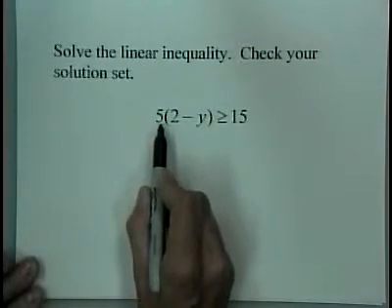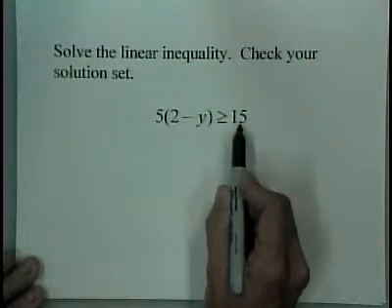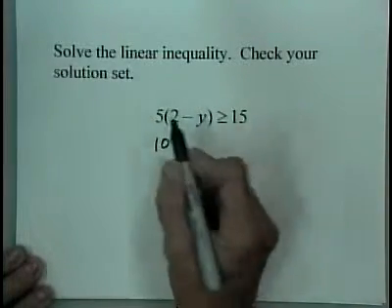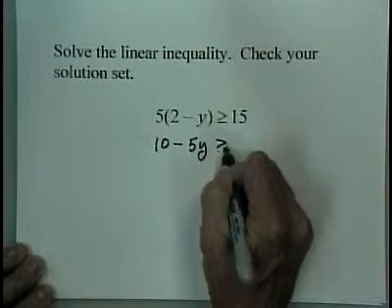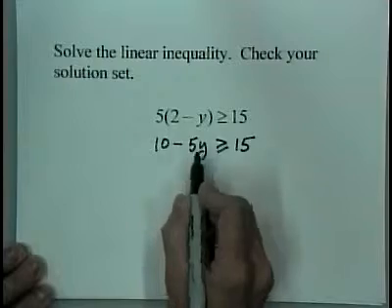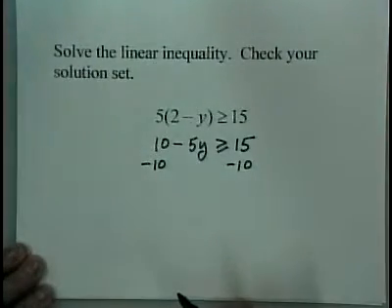This one is 5 times (2 minus y) is greater than or equal to 15. We need to start by distributing. 5 times 2 is 10, minus 5 times y is 5y, is greater than or equal to 15. To isolate y, I'm going to subtract 10 from each side of the inequality.